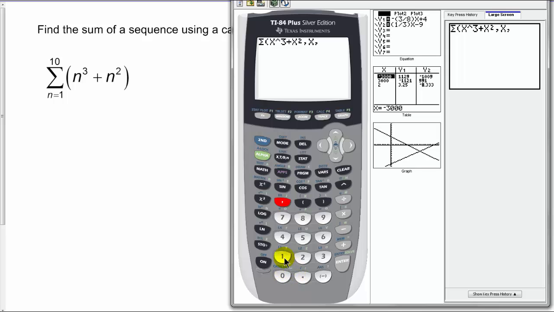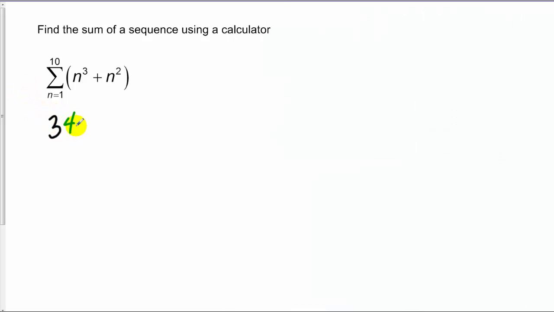We're going to start at x equals 1, and put a comma again, and you tell the calculator where to stop. We're going to go to 10. Close your parentheses, hit enter, and it will calculate everything for you. So the answer in this case is 3,410. And that's how you use your calculator to find a sum.